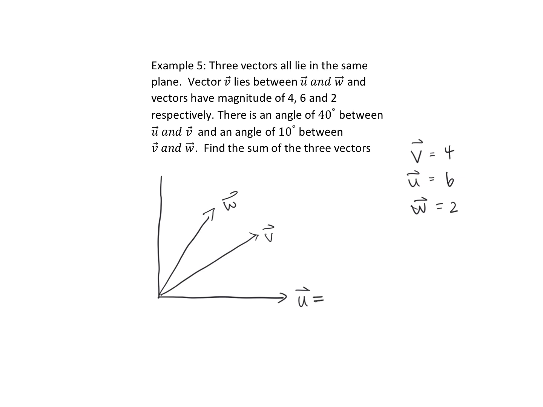So I've decided U will be 6, V will be 4, and W will be 2. The angle is 40 between U and V, so this angle is 40 degrees, and 10 degrees between V and W. So there's my diagram. So my solution is going to be based on the diagram that I've drawn.